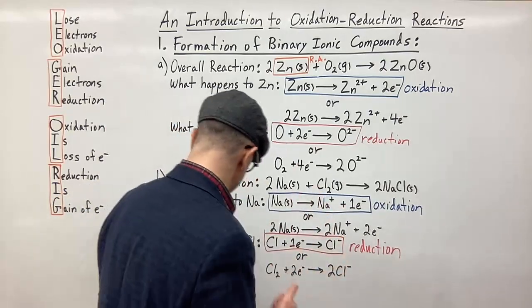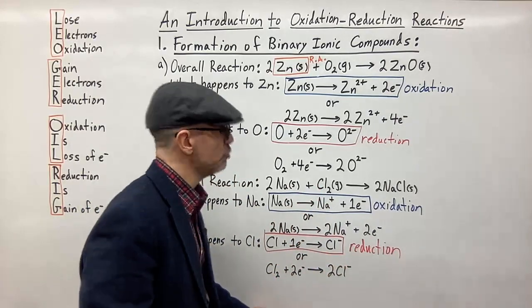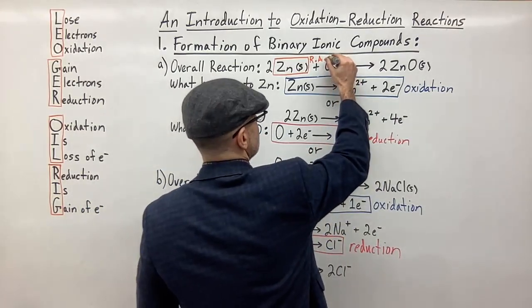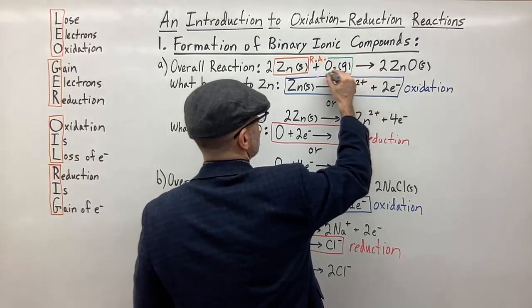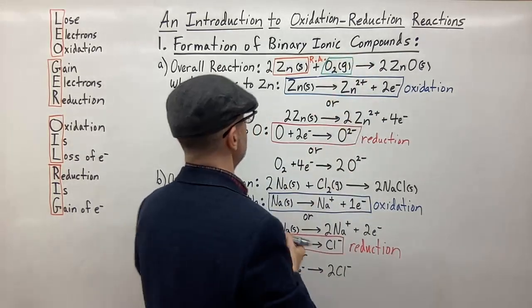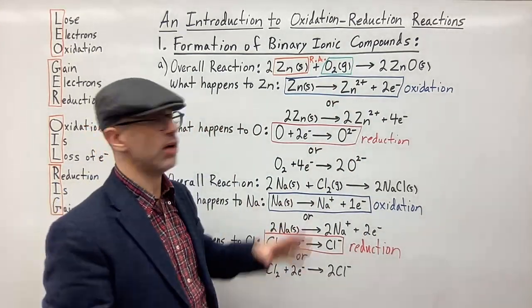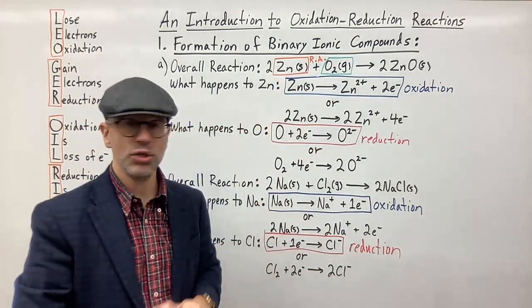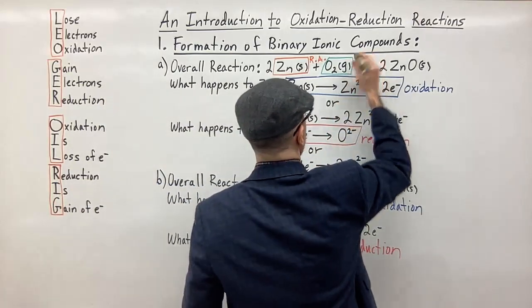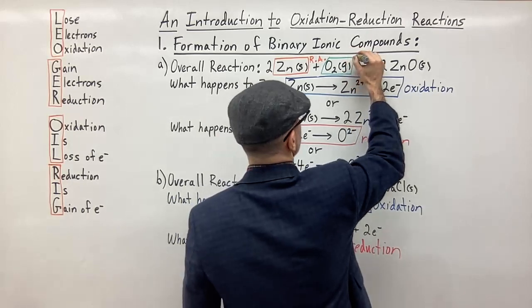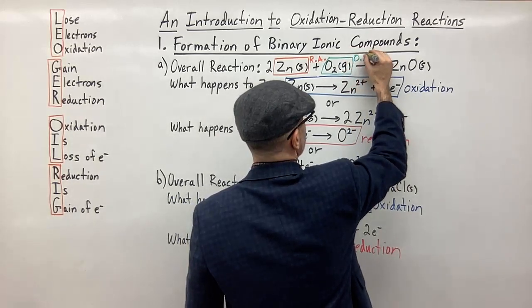So oxygen in this case, here I'll use green, oxygen in this case here is the oxidizing agent. Why? Because it's causing zinc to be, I'm sorry, causing zinc to be oxidized. So I'm going to put OA here.